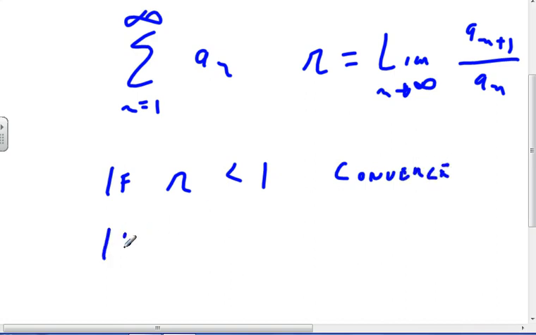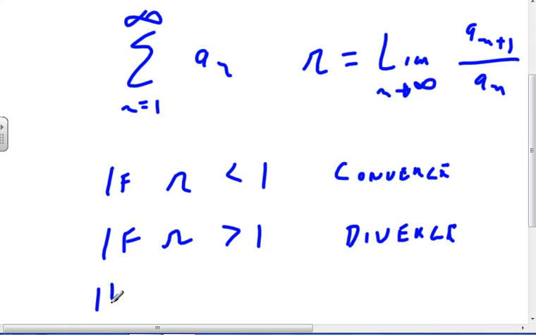And if r is greater than 1, I diverge. And if r is equal to 1, then the test fails and I have to do something else. Okay, so that's my ratio test.